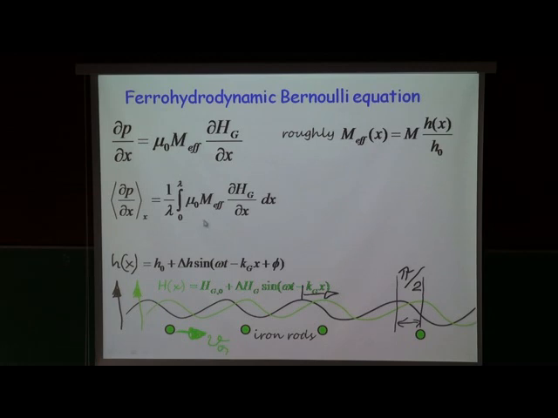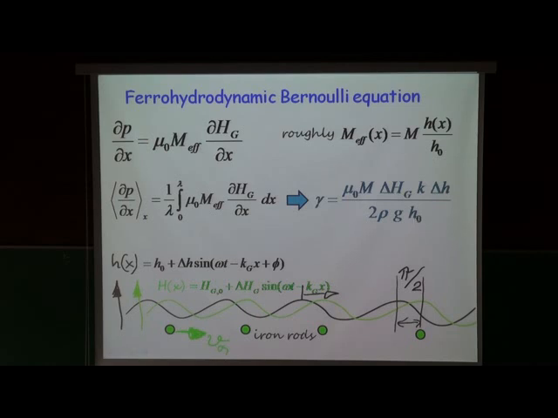This is the Kelvin force. You can just integrate the Kelvin force from here to here, and what you get is the inclination as a function of the magnetization, of the gradient of the magnetic field, of the wave number, of the height difference, and this is the density, and this is the average height of the liquid.